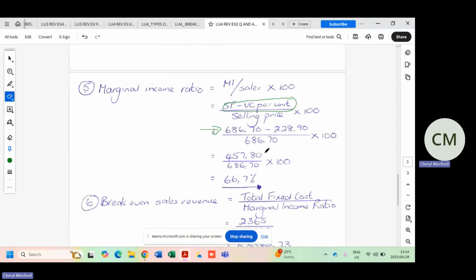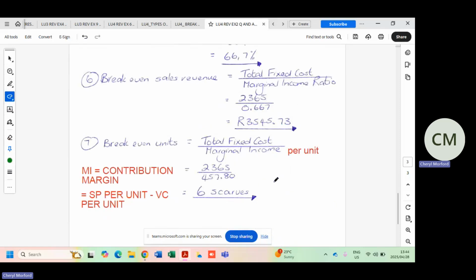And that is going to give me 457 Rand 80. Remember, method marks will apply so long as you have shown all of your workings. So let's say that you messed up a little bit in parts 1 and 3. And then obviously that would affect your selling price as well. So long as you move forward doing the correct method, you will not lose the marks again. So our contribution or our marginal income per unit is 457 Rand 80.